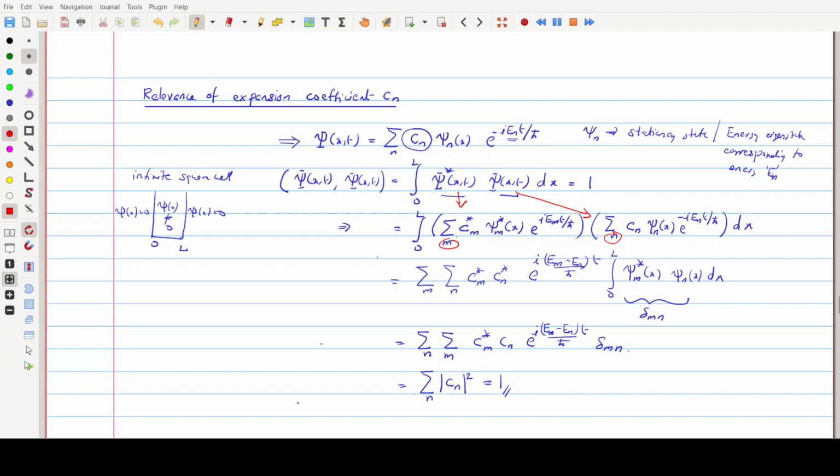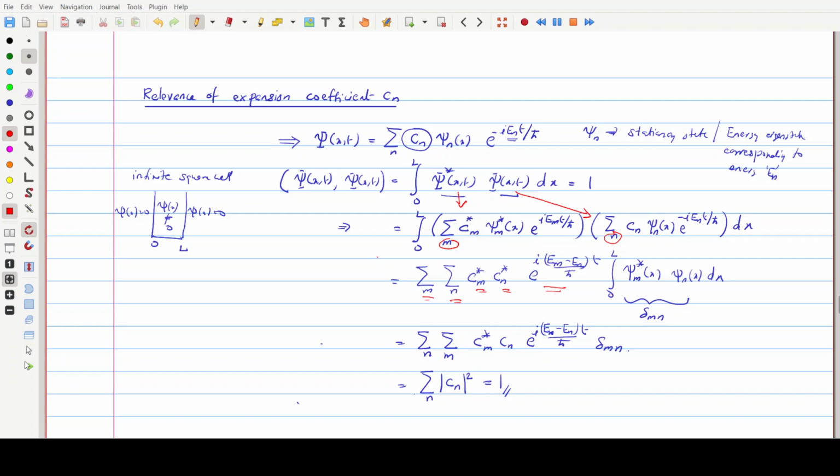Now the summation and integration are commutative, so we can take the summation outside. The expansion coefficients Cm are not functions of position, so they can be taken outside. And the dynamical phase factor is also independent of position, so that can also be taken outside.